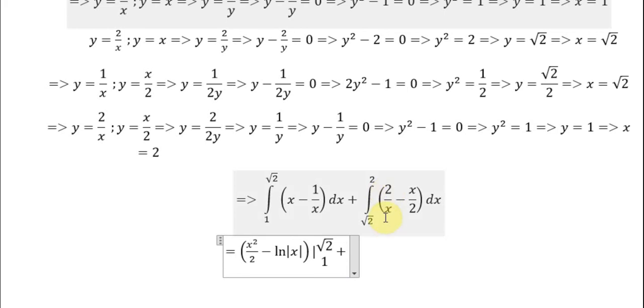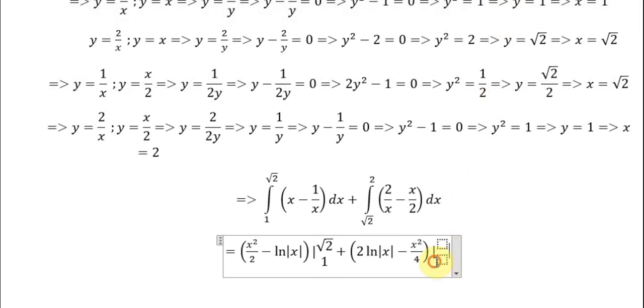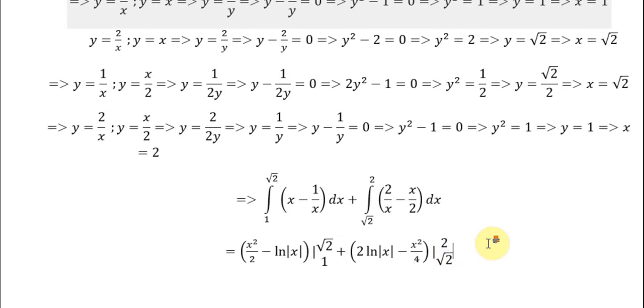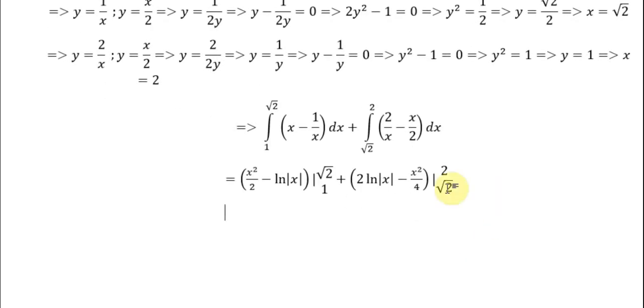We have 2 over s, so we have 2 logarithm of s in here. S over 2, you get s squared over 4. So now we have square root of 2 and 2 in here. Let's put in the numbers and we find the answer.